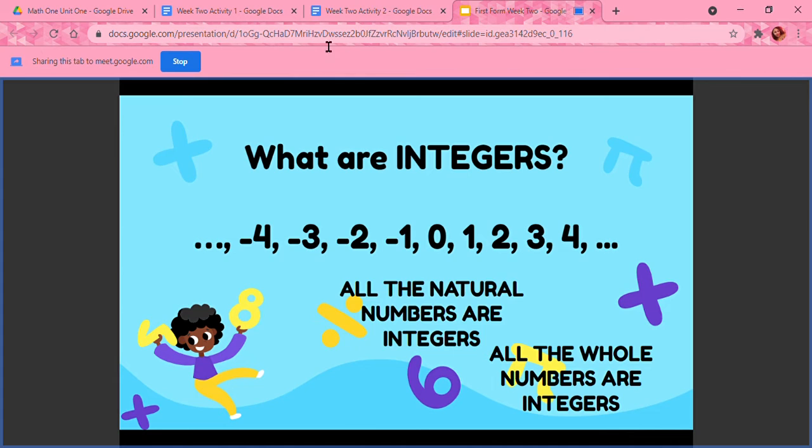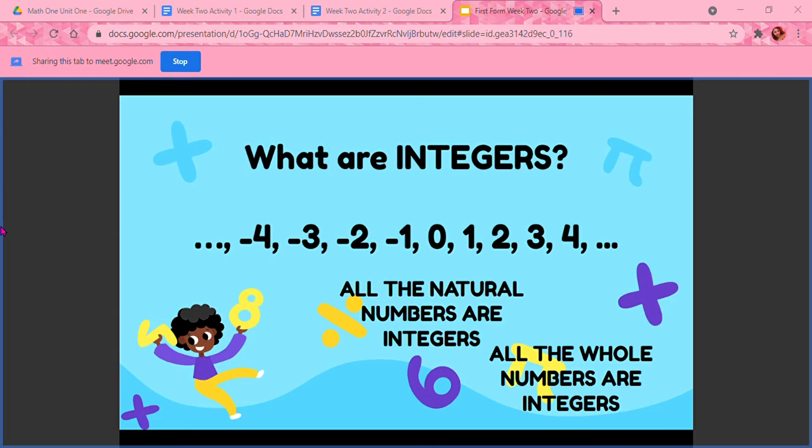So if we see, for example, negative half, is negative half an integer? No, miss. Very good. It is not an integer. Even though it is negative, integers only talk about entire numbers. So you can have negative 20, that is an integer, but I cannot have negative 3/4 because that is not a whole number.